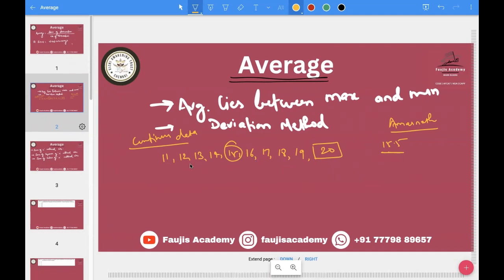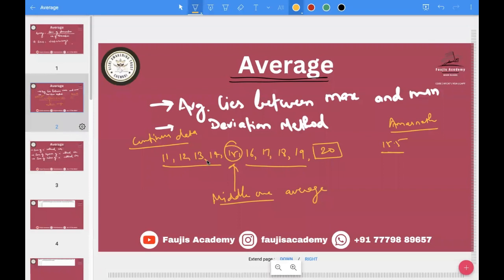So if you look closely, in any continuous data, the middle one will be your average. Clear?